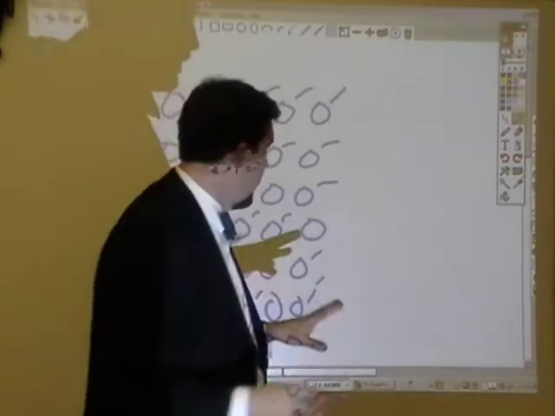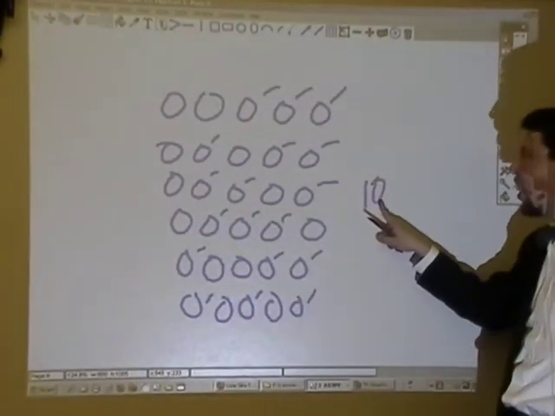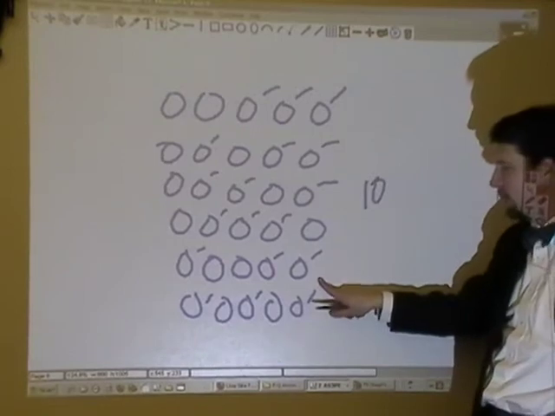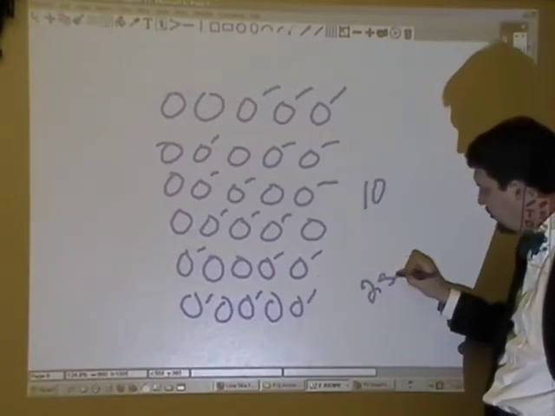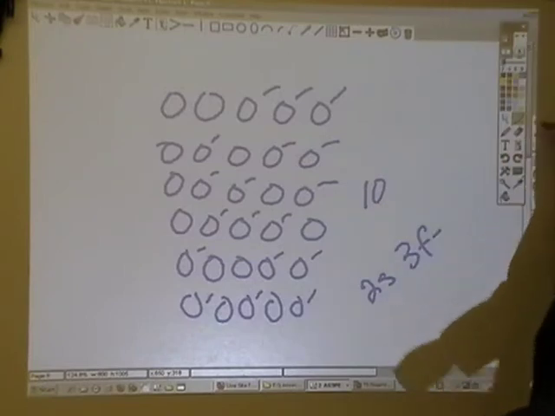I could do that for a while, and there are 10 different ways. This is the number of combinations I come up with having 2 successes and 3 failures, and that is 10. That is a combination.